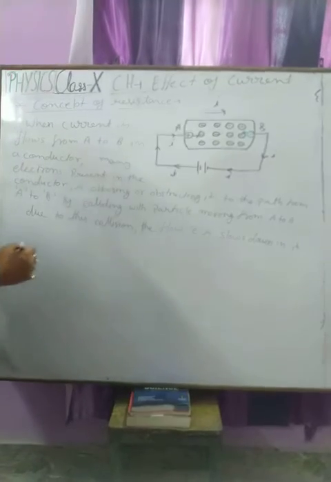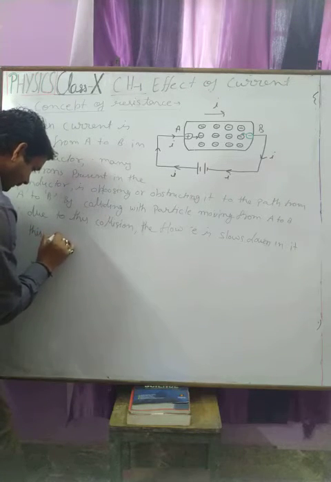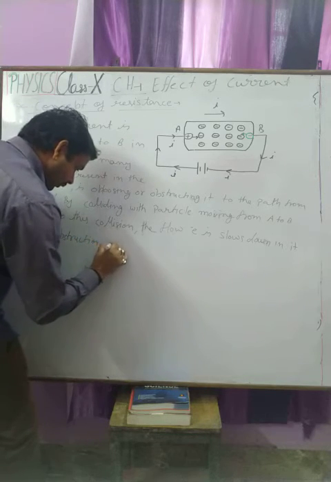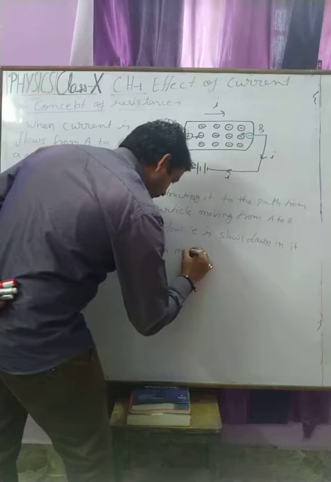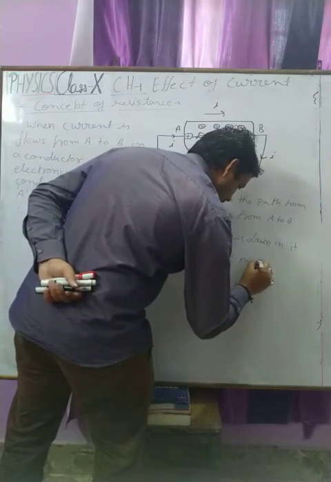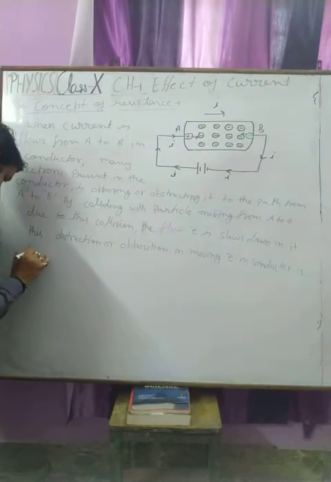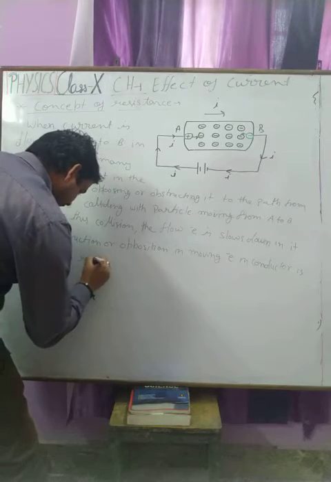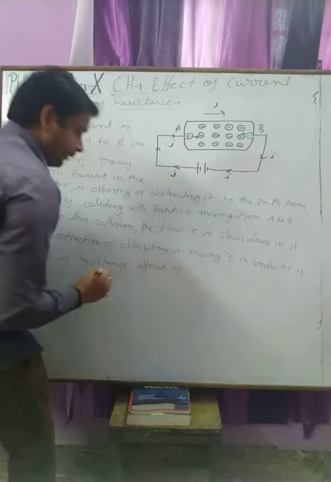This obstruction or opposition to the moving electrons in the conductor is termed as resistance offered by the conductor.